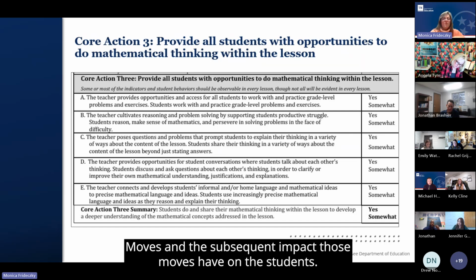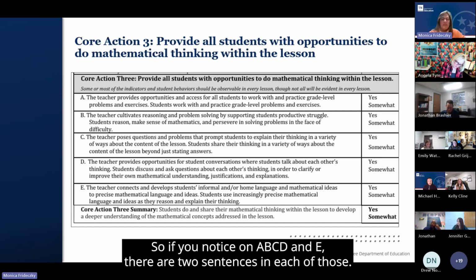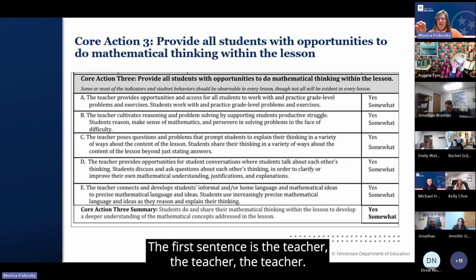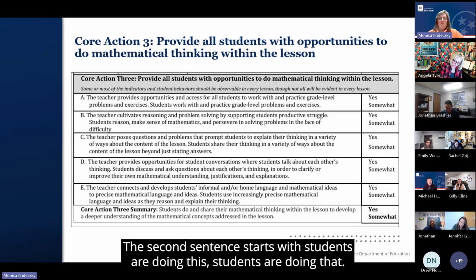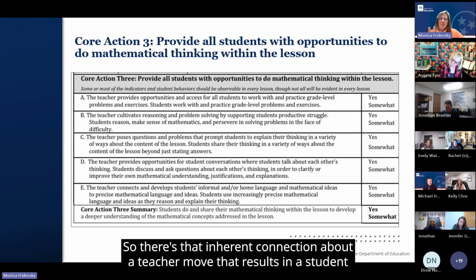If you notice on A, B, C, D, and E, there are 2 sentences in each of those. The first sentence is the teacher, the teacher, the teacher. The second sentence starts with students are doing this, students are doing that. So there's that inherent connection about a teacher move that results in a student practice.